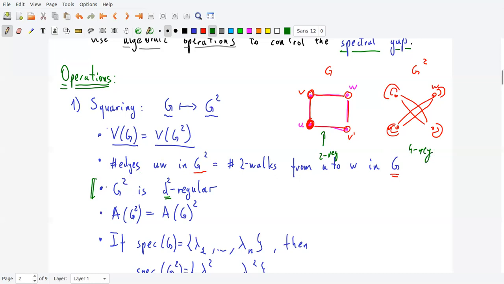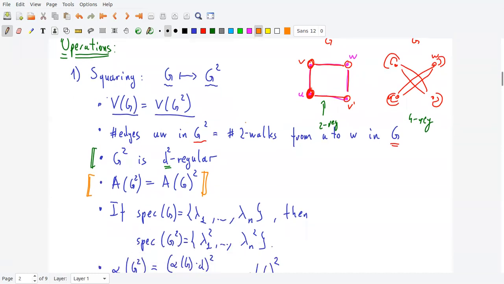Now the main idea behind this construction is that we really understand what the adjacency matrix of the square of a graph looks like, because it's just the square of the original adjacency matrix. Doing 2 steps of a walk in G corresponds in algebraic terms to squaring the adjacency matrix.